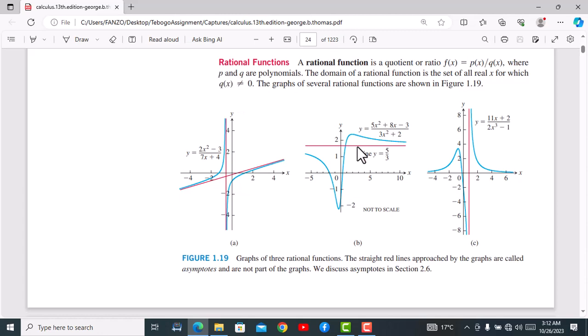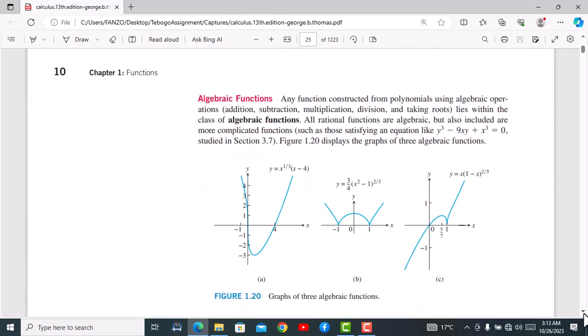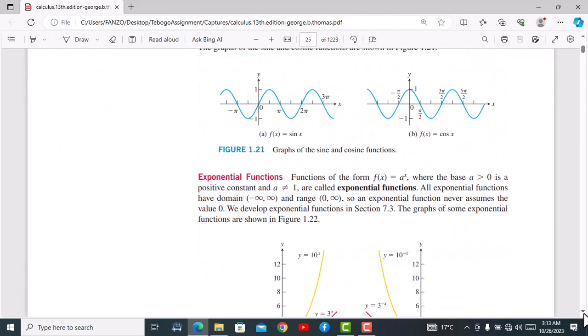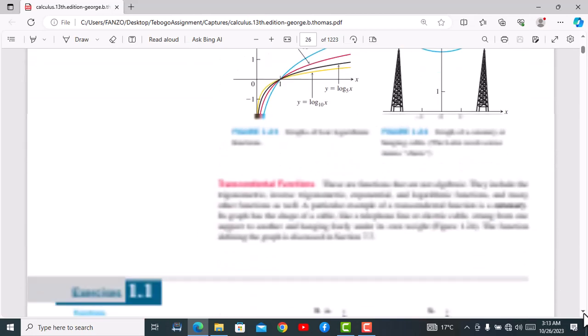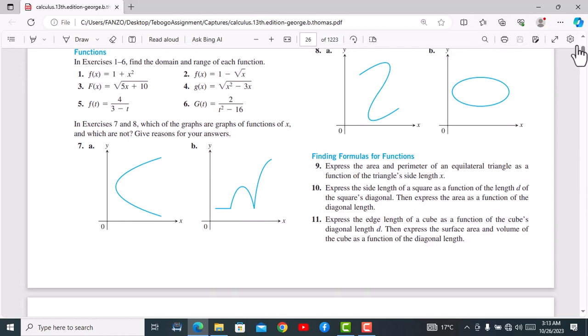The function on the denominator should not be equal to 0. The graphs of several rational functions are shown here. This is just a brief summary. And then we have algebraic functions and trigonometric functions. You can have a look at those for yourselves.